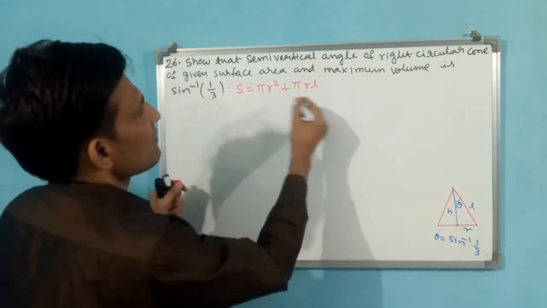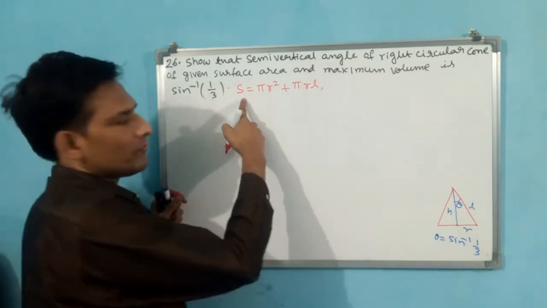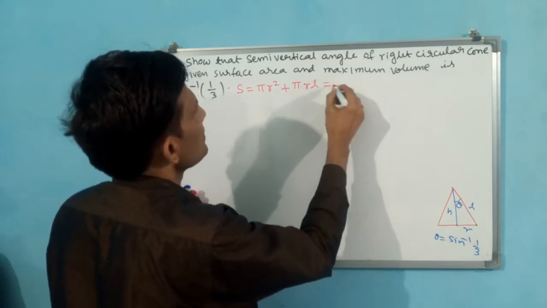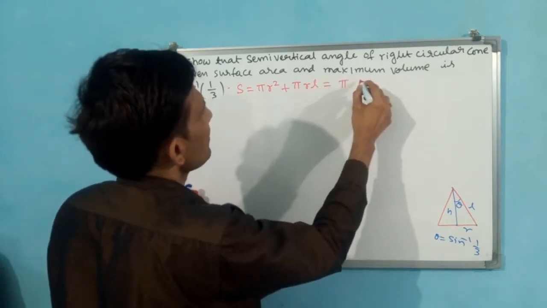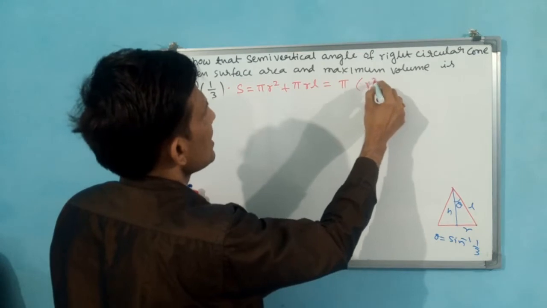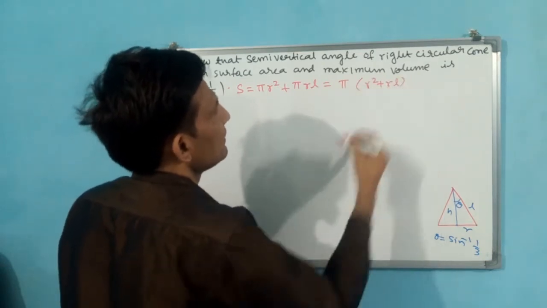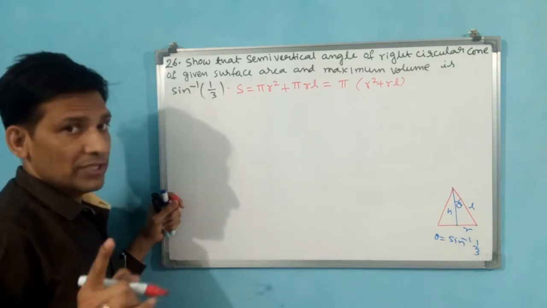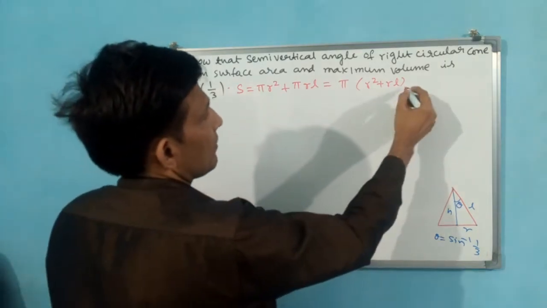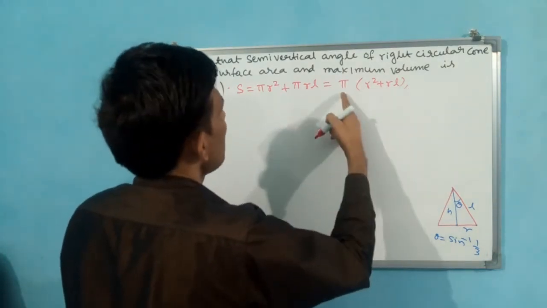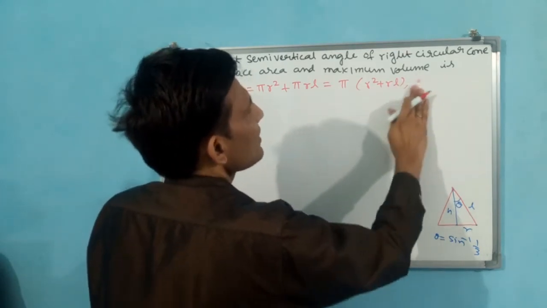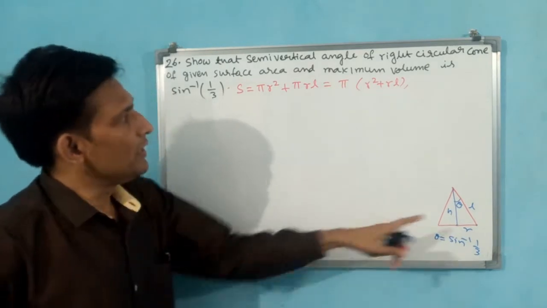See here what I am converting. That is equal to pi, taking common, r square plus r L. Afterwards I am making S by pi. Not now, let me find L also.